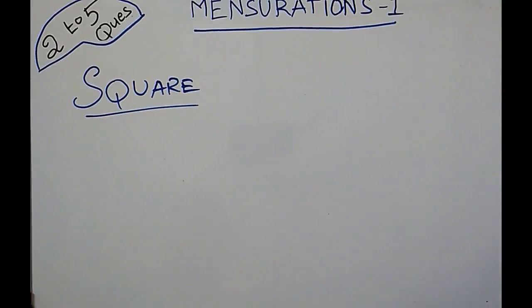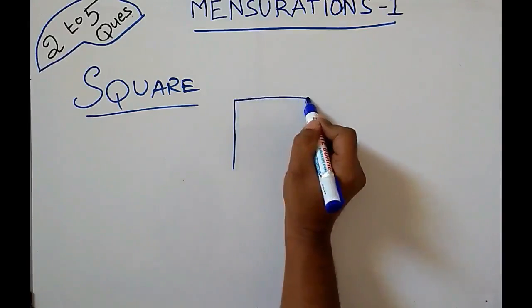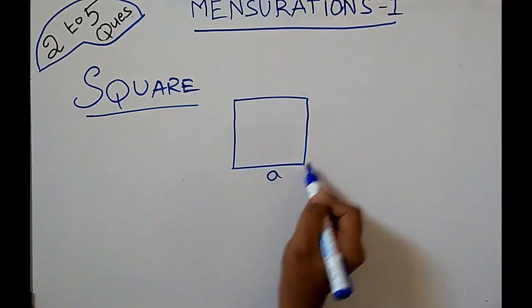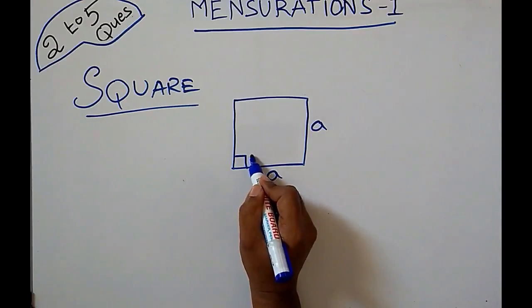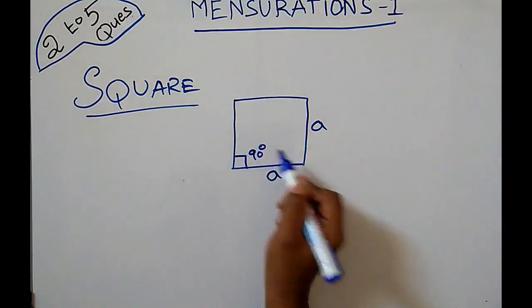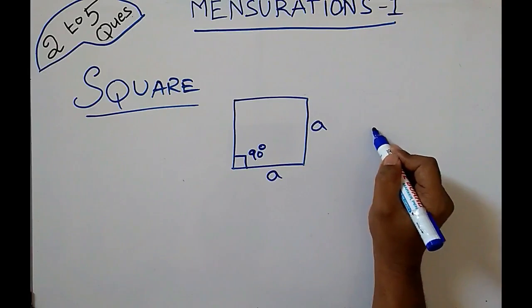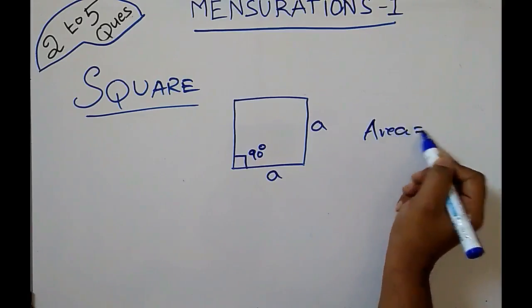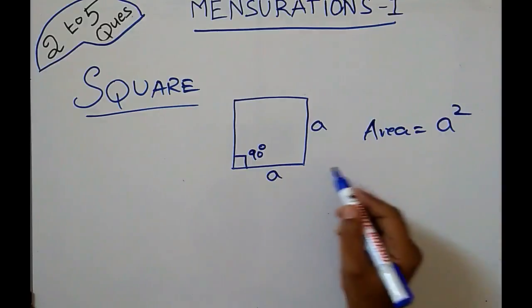Square, friends, what is a square? If all the sides of a rectangle are equal, then it forms a square of side A, where all sides are equal and the angle between any two adjacent sides is 90 degrees. If each side of the square is A, then the area of a square is length into breadth, that is A into A, that is A square.